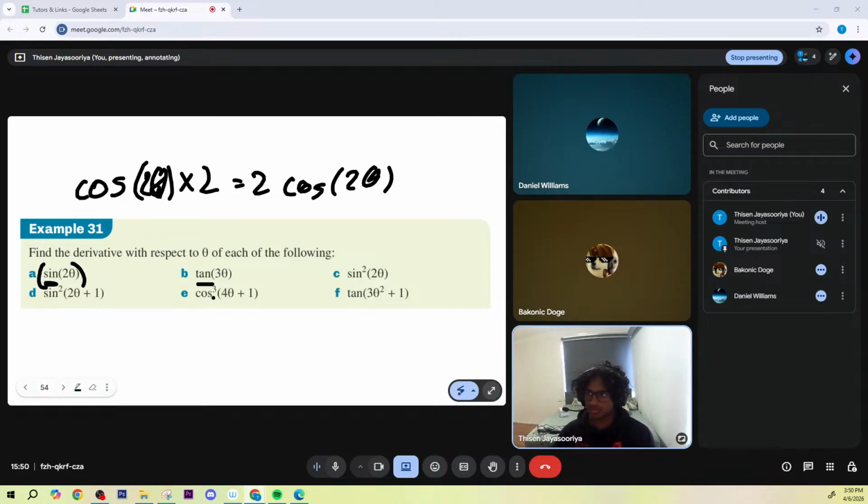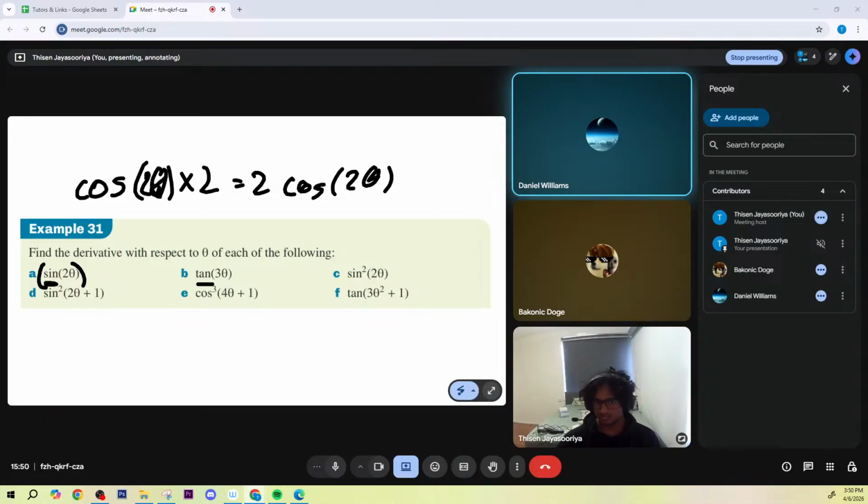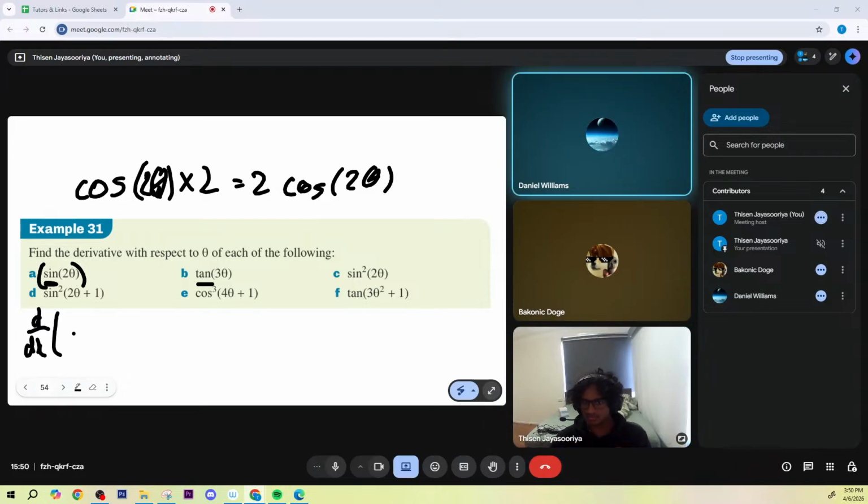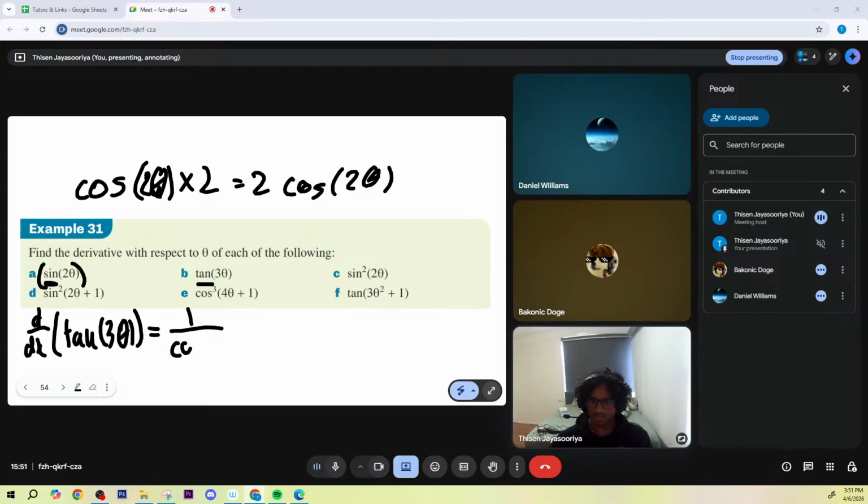Here, what's the derivative of the outside function of this one, Daniel? But that's the secant one. Don't use secant. In that case, 1 over cos squared 3 theta.